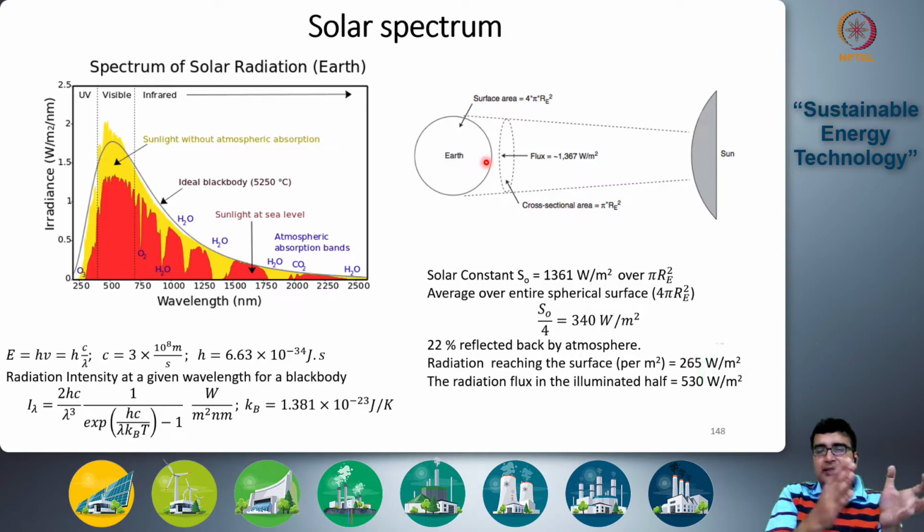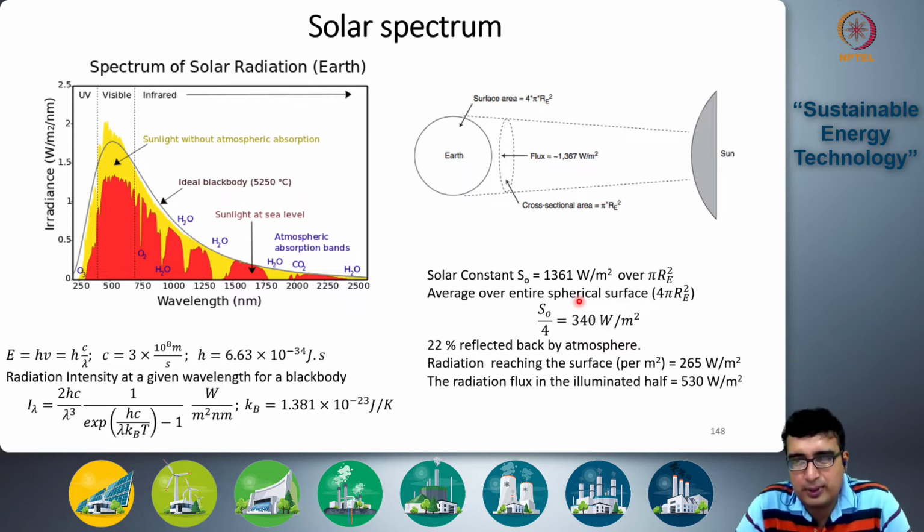So the flux times pi Re square divided by 4 pi Re square is the mean surface flux of the Sun's incident energy on Earth, which is then S0 by 4, which is around 340 watts per meter square. It is a little bit more, a little bit less, but the average will be 340 watts per meter square.